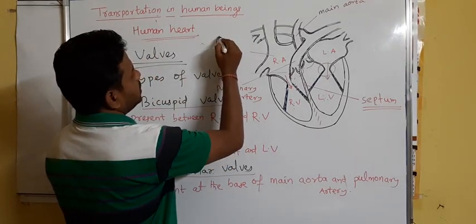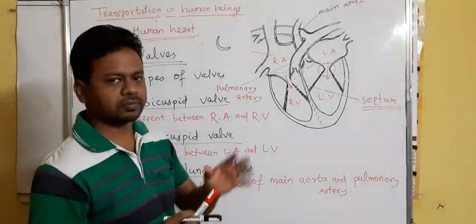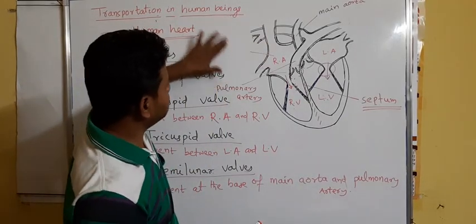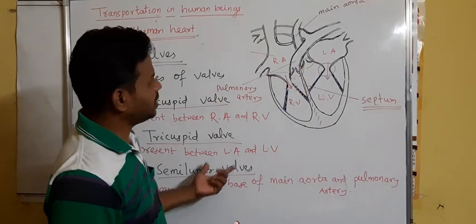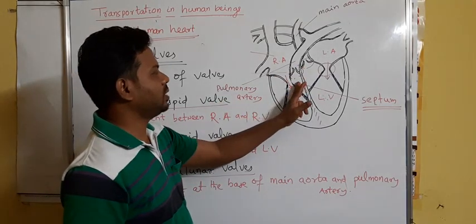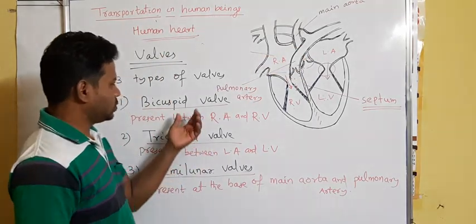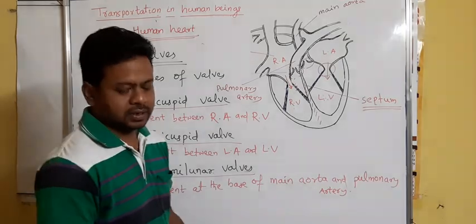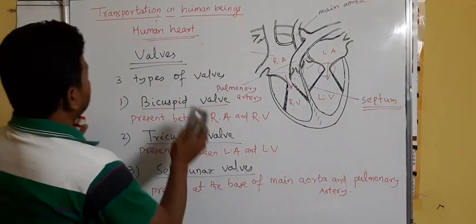You know that semilunar, lunar means moon, a crescent-shaped moon. Because of that shape, the name semilunar valves is given. And the function of these valves is the same, that it will allow the blood to move forward and prevent the backward flow of blood. So these are the three types of valves present inside the heart. So this is all about the structure of the heart.